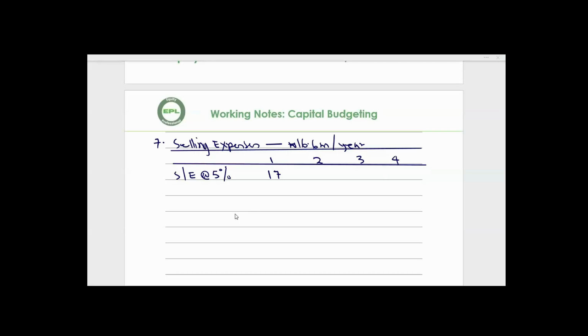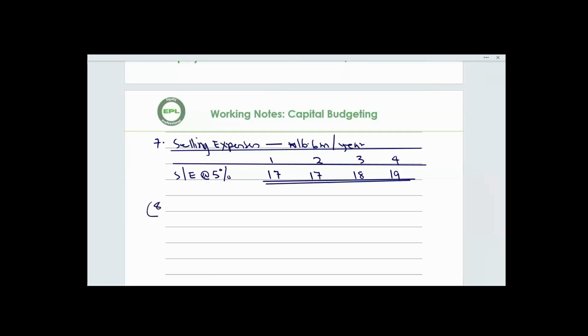That is 17. What you have in your calculator, multiply by 1.05. That's 18. And again, 19. That's all you need to do. So this is what we are going to post.